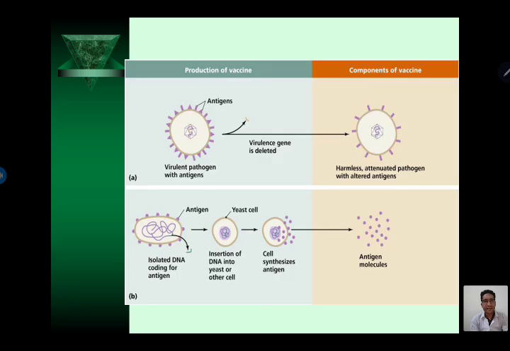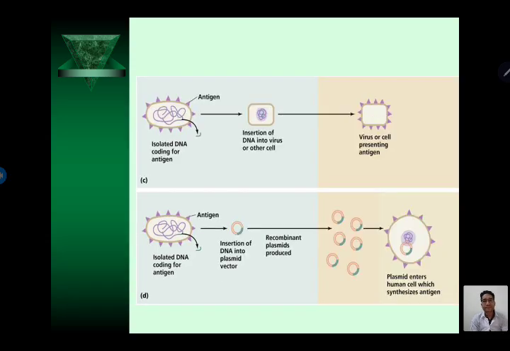Then, second, the antigen molecule is synthesized in a cell, such as a yeast cell, by insertion of the DNA into the yeast or other cells, using isolated DNA coding for the antigen. So this is a component of the vaccines and the production of the vaccines. Then how do we take the component of the vaccine and perform the production of the vaccine.